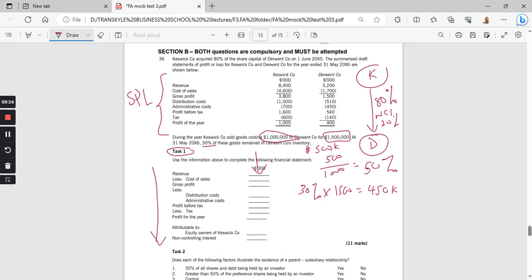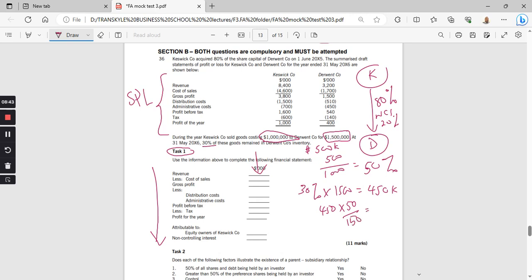So what is the profit element in this 450,000? We know that the markup is 50%, so the profit element in this is actually 450 multiplied by 50 over 150. Why?